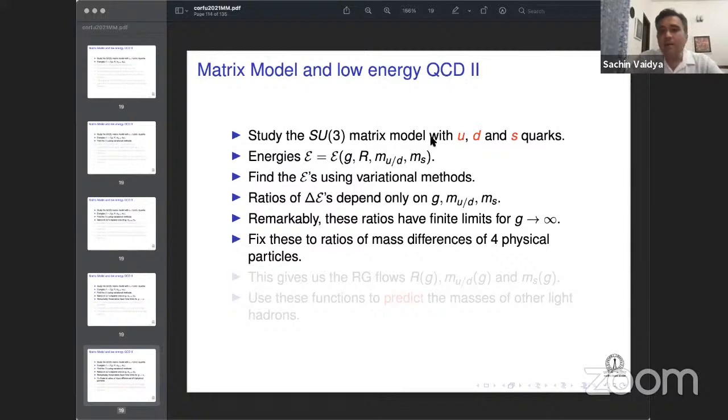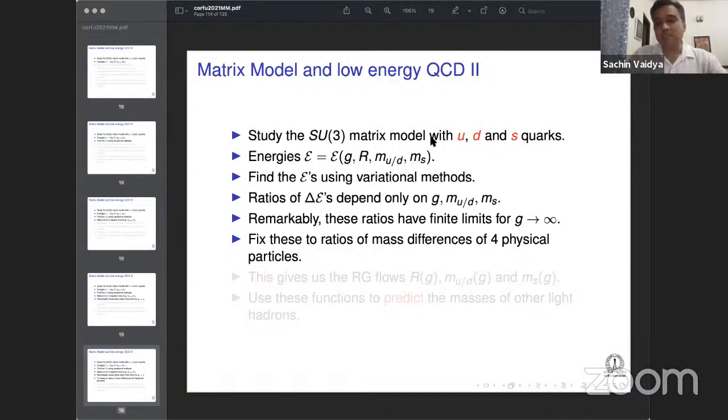So once we recognize this, it was an easy step, conceptually at least, to make the connection to making predictions for masses. We take four of these ratios and fix them to the masses of 4 physical particles.